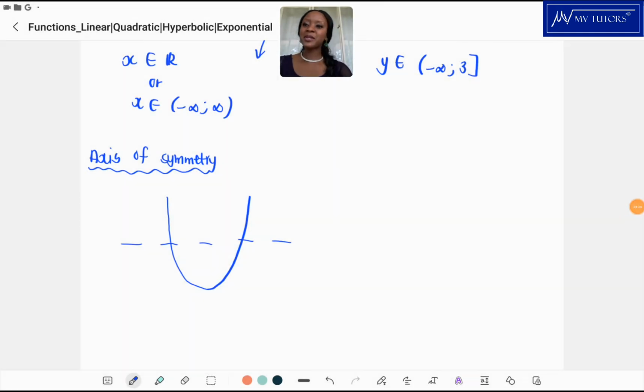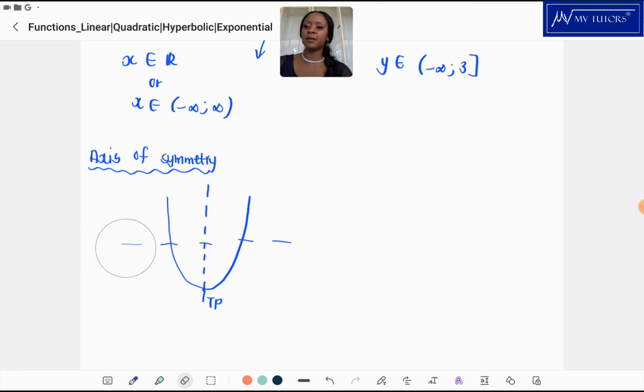But if you were to draw a line that passes through the turning point, that would cut your parabola in half, such that if you were to fold it, it would fall exactly on top of each other. So that is your axis of symmetry.